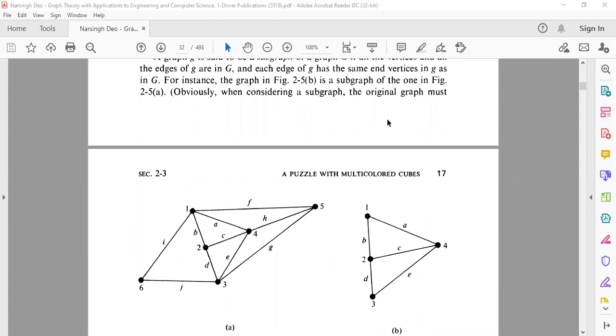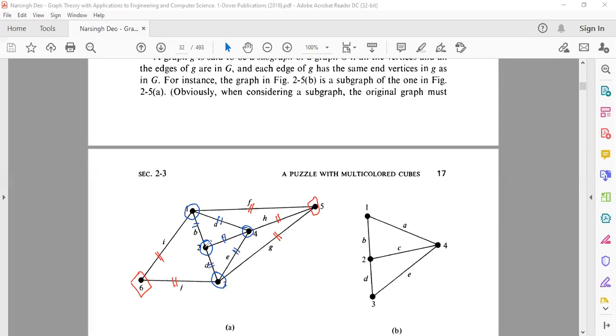A non-trivial subgraph of the given graph. For example, if I consider this graph, and from this graph I omit this particular edge, and this particular edge, and also these vertices are deleted, and I'm retaining only this vertex, this vertex, this vertex, and this vertex, and their individual connections.